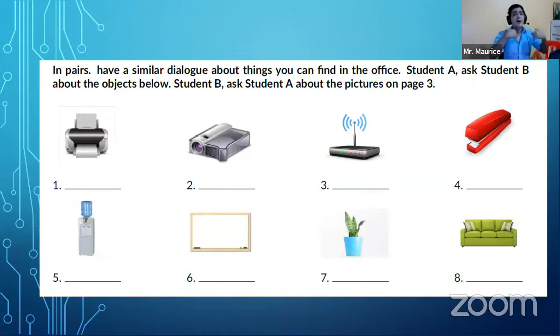Ahora también whiteboard is due to the color, but in general we say board. Can you spell board, Miss Mosquera? Pizarra, board. Can you spell it? Listen, it's V-O-A-R-D, board. Okay, thank you, Miss Mosquera.